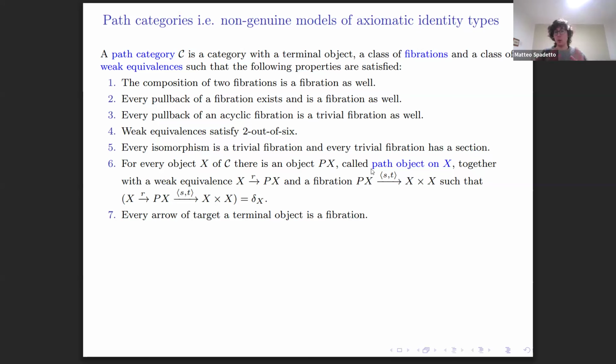What do I mean by weaker? I mean that lower fillers will make the left lower triangle commute, but will not make the right upper triangle commute strictly. Okay, so maybe I should have painted this somewhere in a slide, but I didn't.